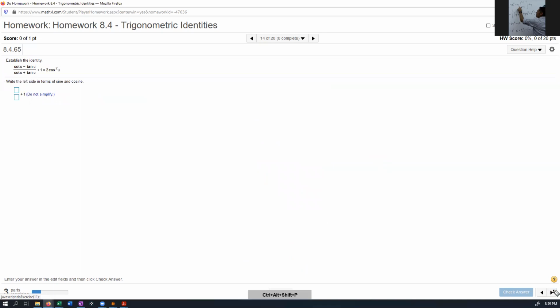Okay, this one, cotangent u minus tangent u over cotangent u plus tangent u. This is a lot like the last problem. Oh, plus 1, didn't see that, plus 1 equals 2 cosine squared u. Okay, let's do the same thing here.